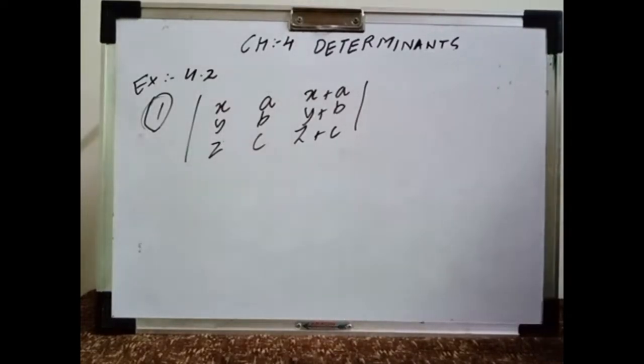Here we will try to apply that third property, which says that if any two rows or any two columns are identical in the determinant, then the value of the determinant will be 0. So here we need to see whether we can make any two rows or any two columns identical by applying any property. So you have to observe it very carefully.